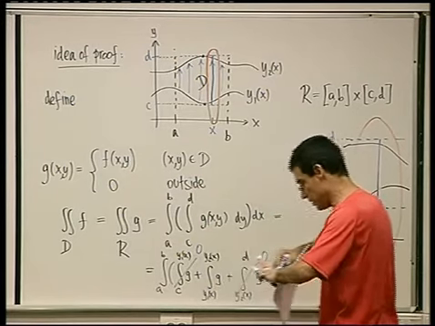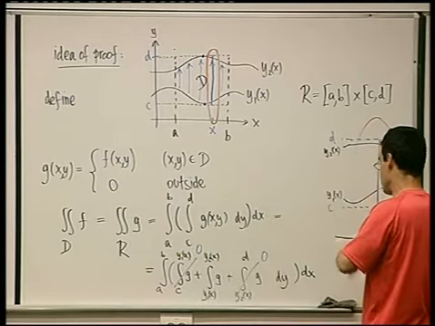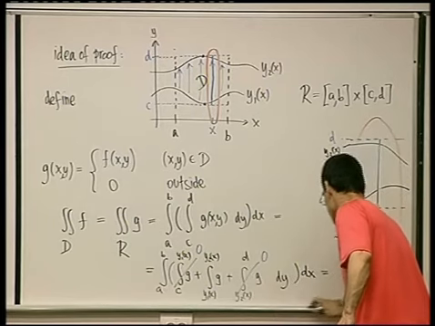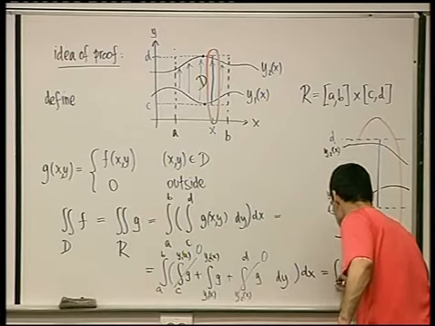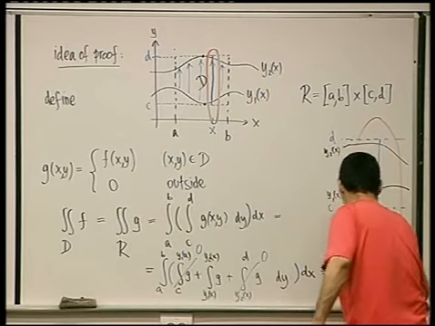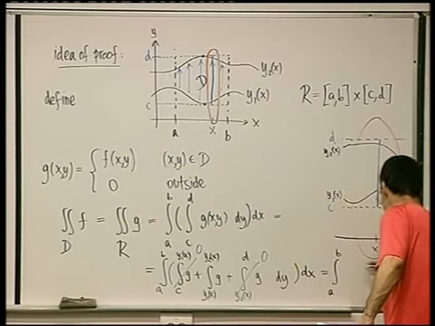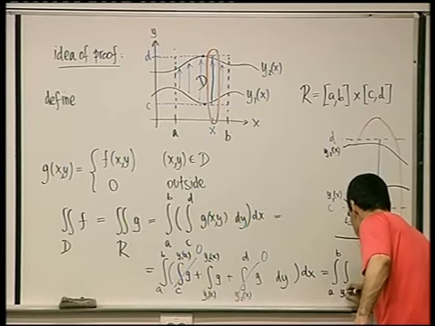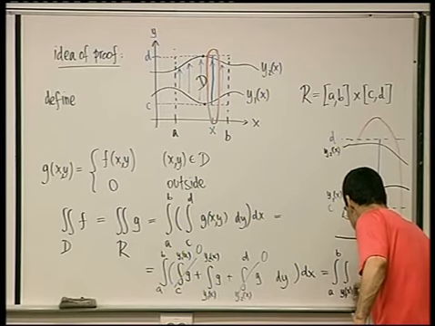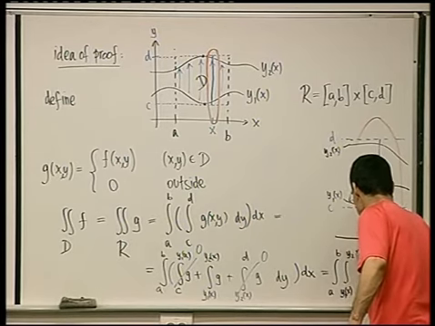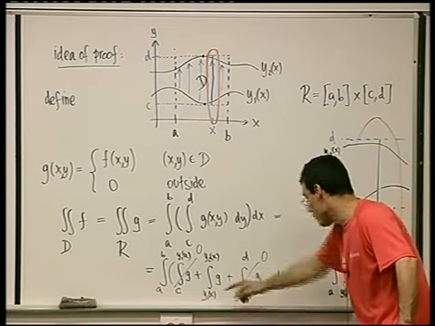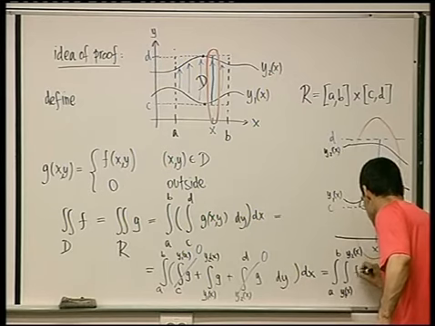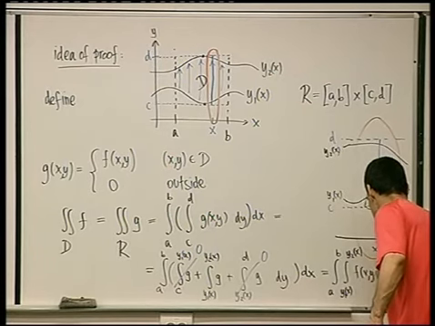And that's precisely the formula I was trying to prove. So this equals the integral from a to b dx of the integral from y1 of x to y2 of x dy of g(x,y), which is the same as f(x,y) in this domain.